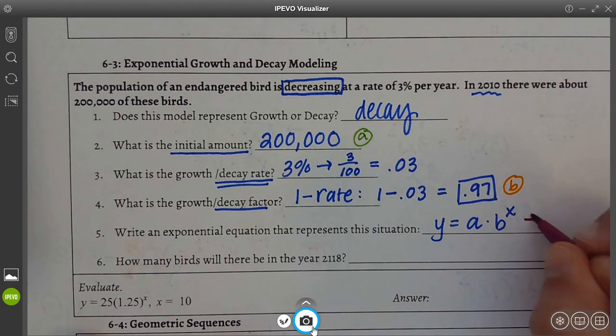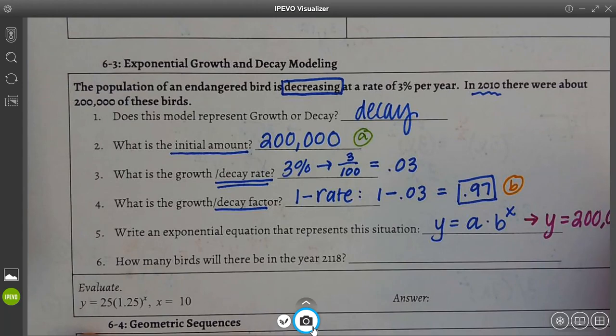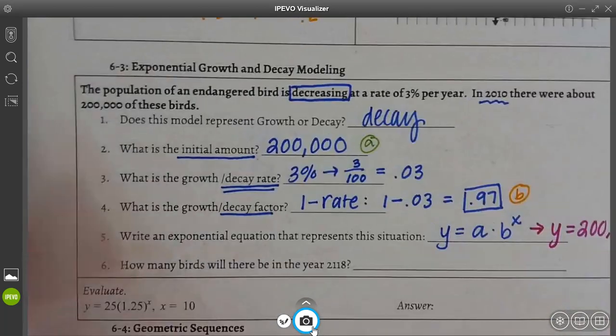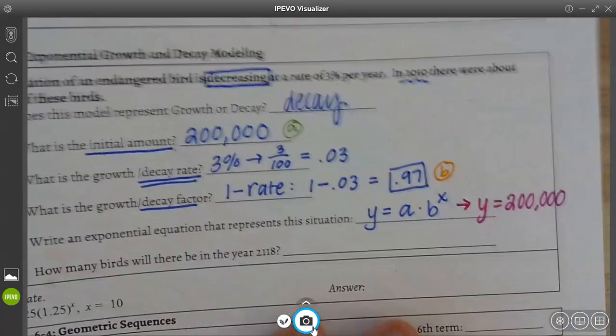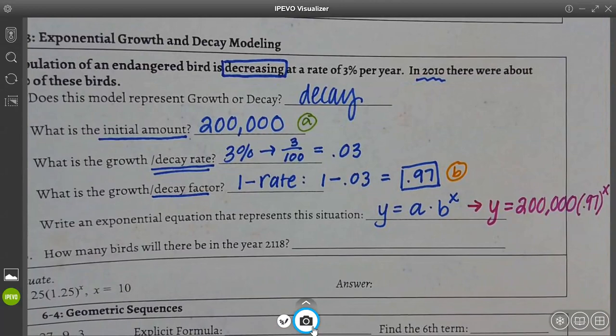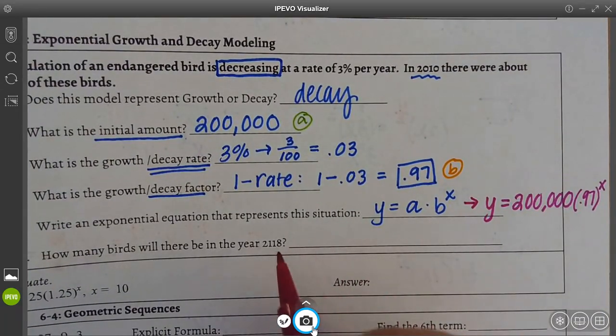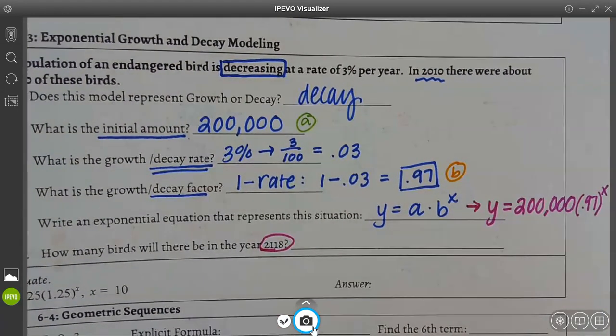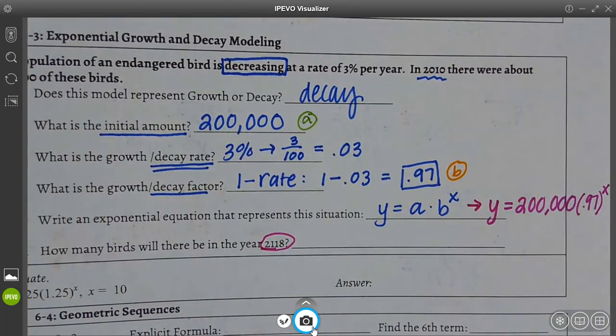This is y equals 200,000 times 0.97 to the x power. And it's asking us how many birds will be in the year 2118. So in how many years would that be? 108 years.